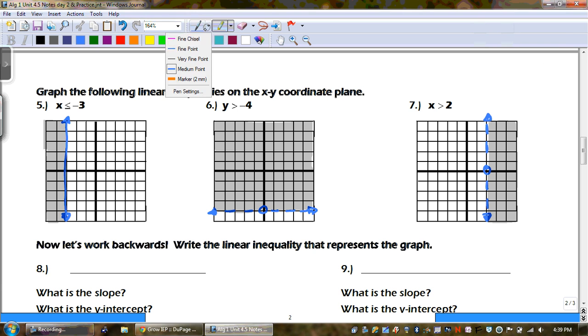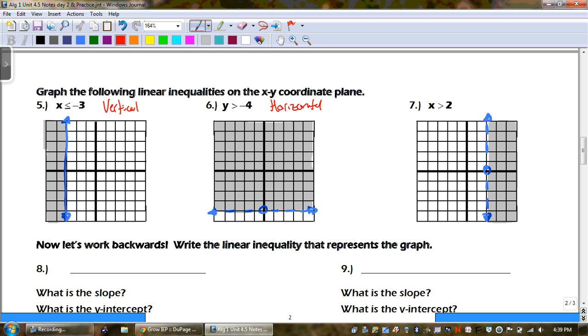Remember, if it's an x equals, x is vertical, y is horizontal. Now x is less than or equal to, so it's solid, and we shade to the left. Number 6, it is greater than, it's dashed, and we shade above. And number 7, x is greater than 2, it's dashed, and it's to the right.